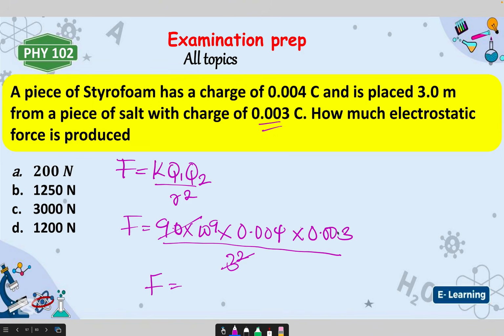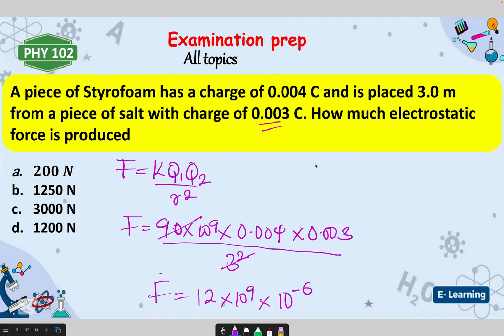So F will be equal to 3 times 4 will give us 12. Right? So we already see the answer there. 3 times 4 will give us 12 times 10 raised to the power of 9 times 10. Now how many zeros are here? 1, 2, 3. Are you getting it? 3 and 3, add them together, minus 6.